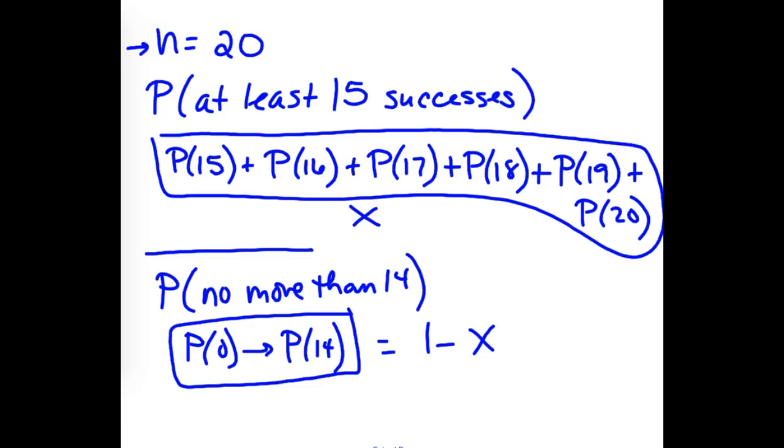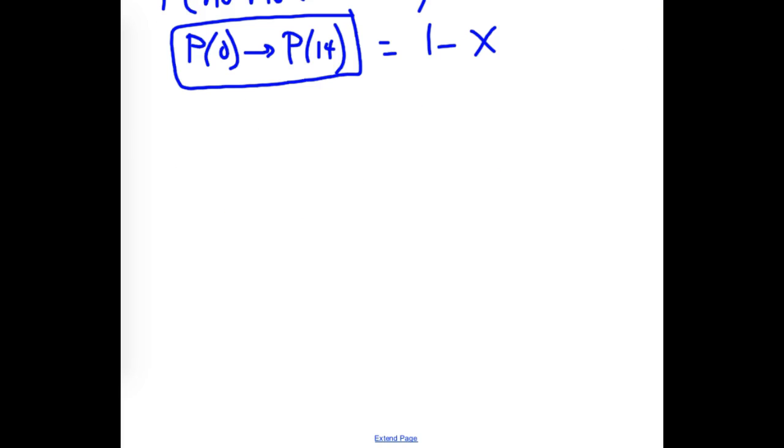So let's say we have 30 trials. We have options all the way from none of it working to all 30 of it working. That's 31 things we'd have to calculate. If I say the probability of at least 5, at least 5 would mean 5 or 6 or 7 all the way up to 30.